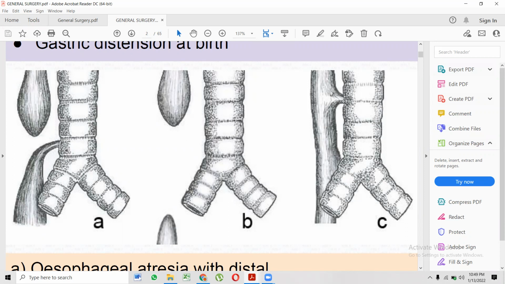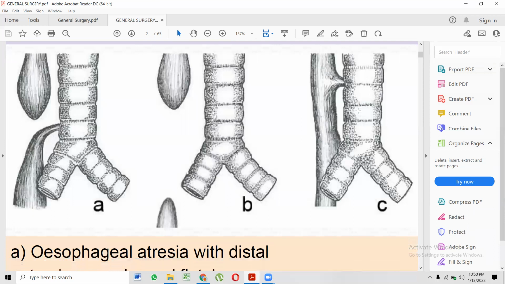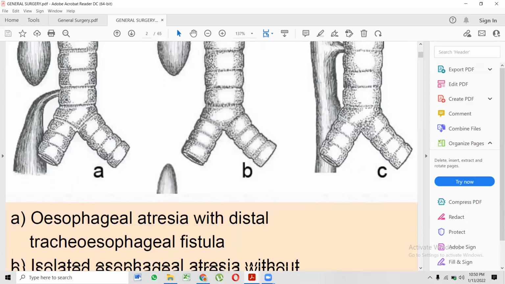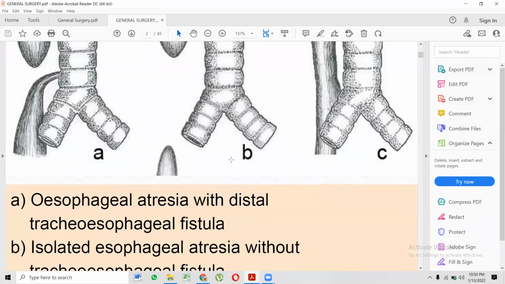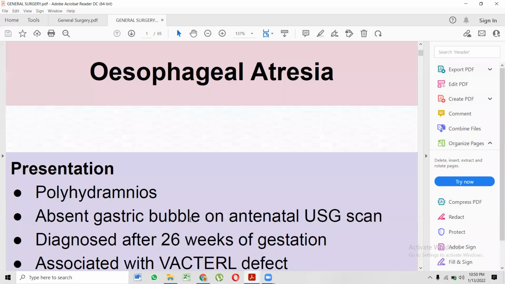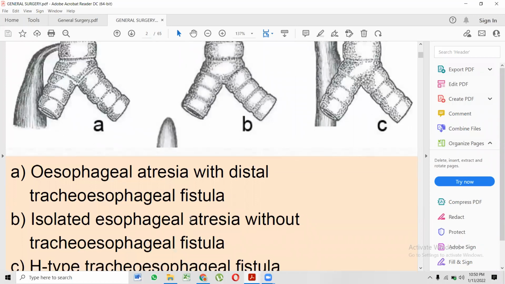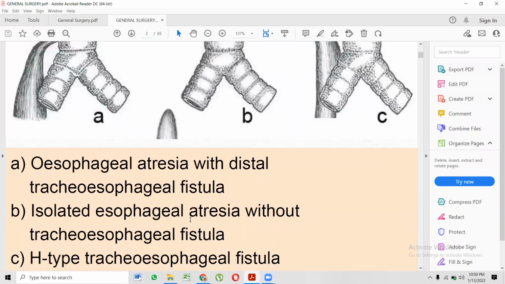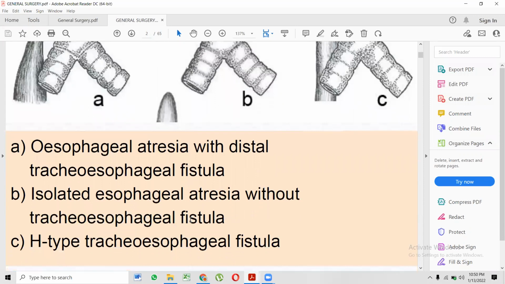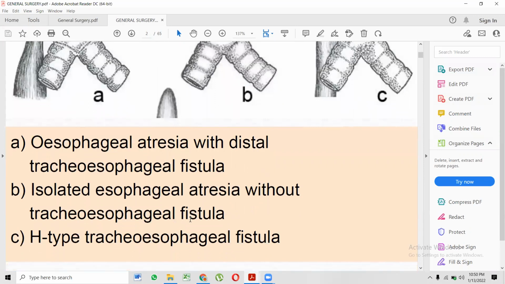There is no esophageal atresia, but there is a tracheoesophageal fistula, a communication between the trachea and esophagus. So the first type is esophageal atresia with a distal tracheoesophageal fistula, or there can be isolated esophageal atresia without any fistula, or there can be an H type of tracheoesophageal fistula.